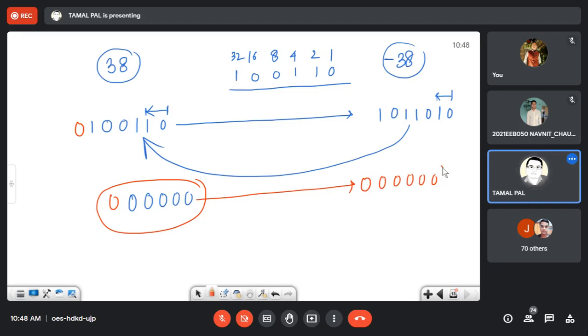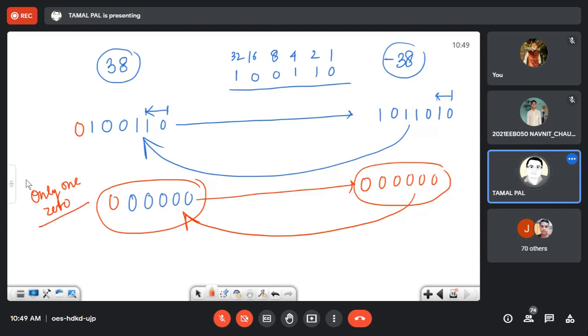Similarly, if you do 2's complement over it, it becomes the same number. So there is no such problem of two zeros, only one 0. That is the advantage of 2's complement over 1's complement.